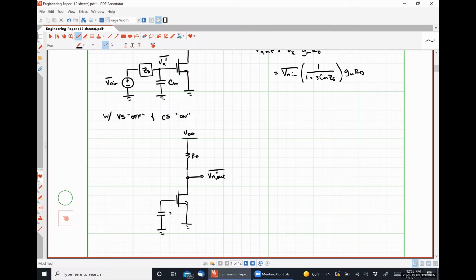Here's my capacitor, Cin. My current source is now on. So this is IN in, and here's my impedance, ZS. And it's showing up between this terminal and ground, just to be clear here.